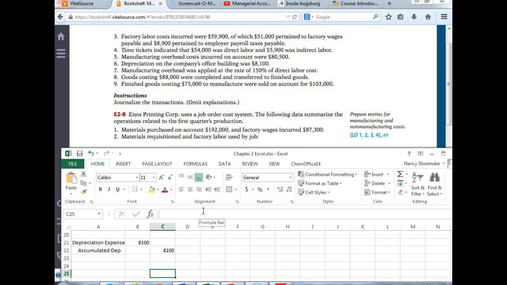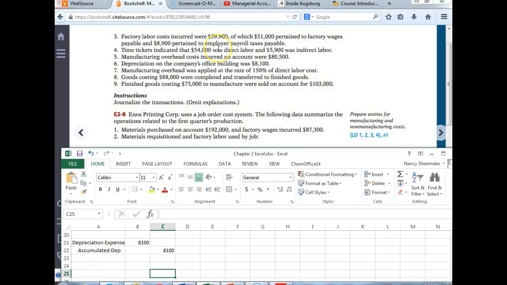Next, it says manufacturing overhead was applied at the rate of 150% of direct labor costs. So the direct labor costs was $54,000. See it up here? Direct labor, $54,000.